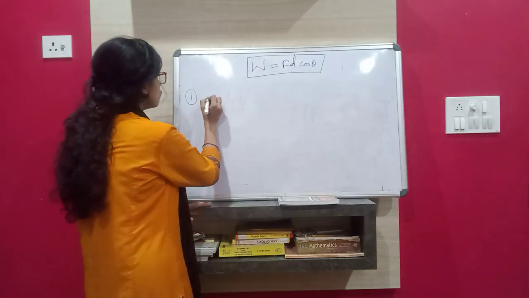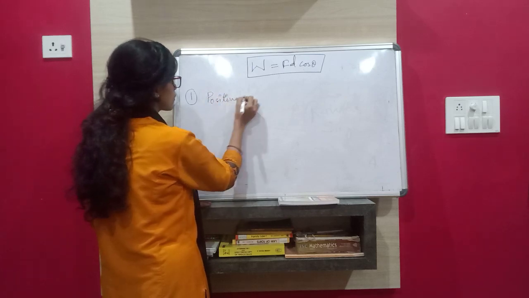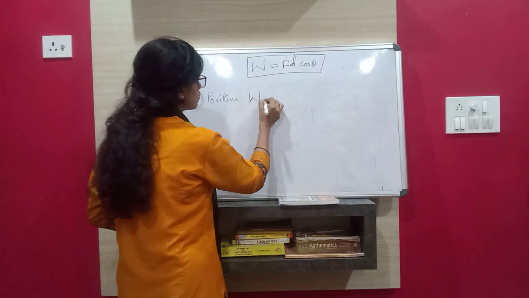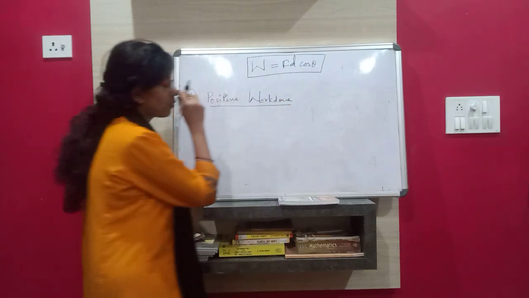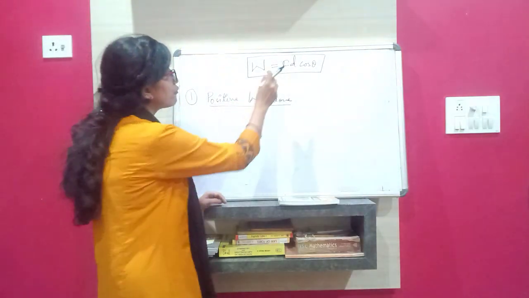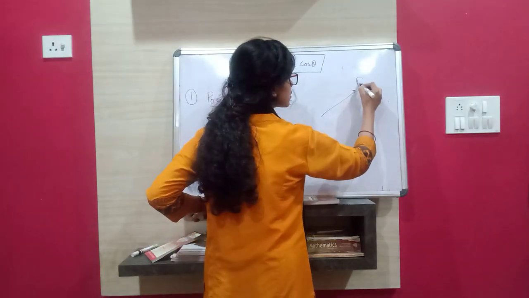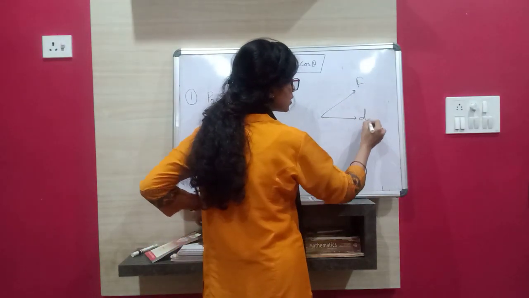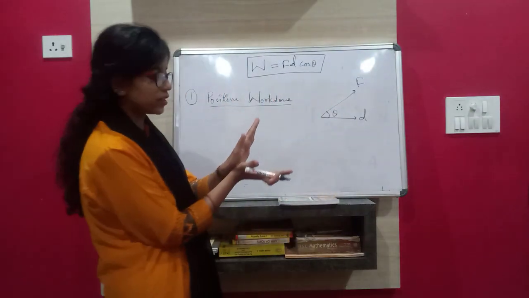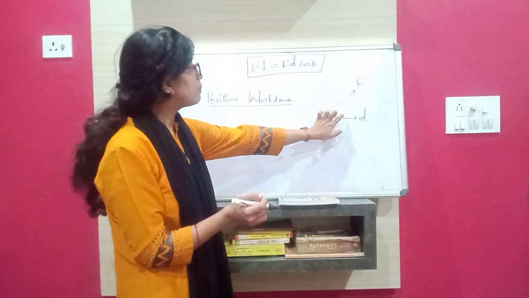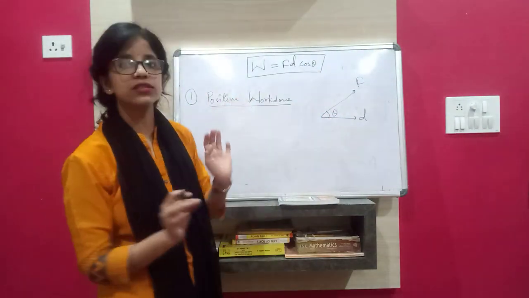Now let us see what is positive work done. Okay. Now, beta, as I have already told you, if the force is acting in this direction and displacement is in a different direction, and let's say the angle between force and displacement is theta, then depending upon the value of theta, we categorize work done, and the first one is positive work done.